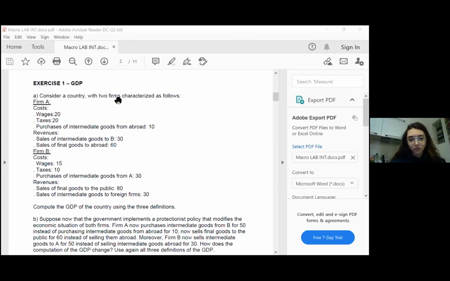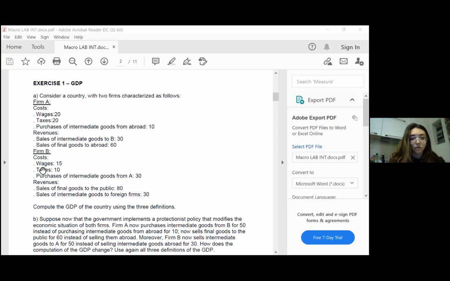You consider a country with two firms, characterized as follows. Firm A has the following costs: 20 of wages, 20 of taxes, and 10 of purchases of intermediate goods from abroad. In terms of revenues, there's 30 of sales of intermediate goods to B and 60 of sales of final goods to abroad. Firm B has pretty much the same structure.